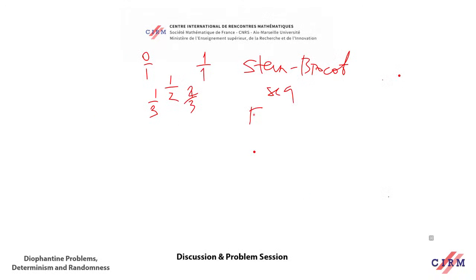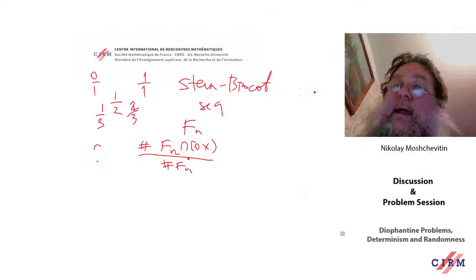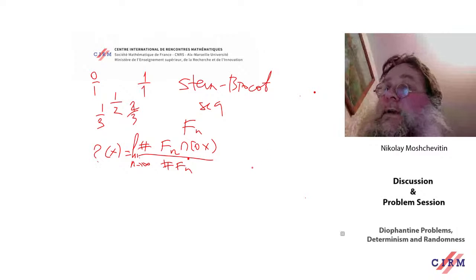If F_n is the Stern–Brocot sequence, we can consider the distribution function: the number of elements of the Stern–Brocot sequence up to x divided by the complete number of elements. The distribution function, in the limit when n goes to infinity, is the Minkowski question mark function. It is a strange function which is monotone.